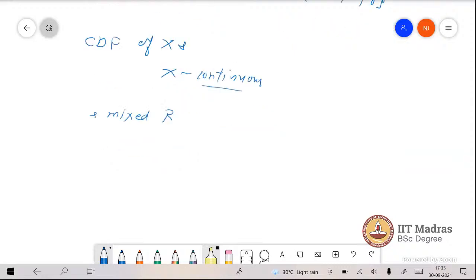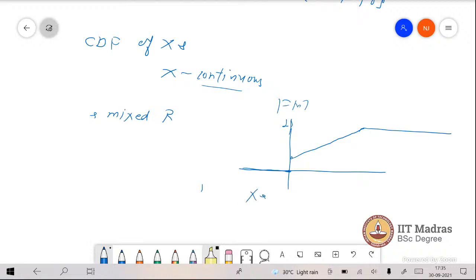Something like this: here at 0 it takes a jump and goes up and becomes 1 here. So if you look at this f of x, this x is not a continuous random variable nor a discrete random variable because there is a jump here, and here it is a continuous function. So this is called a mixed random variable.